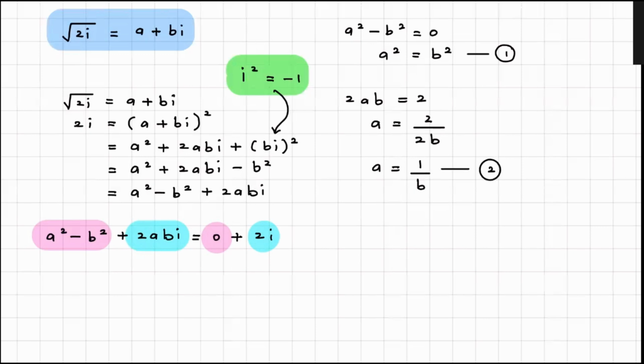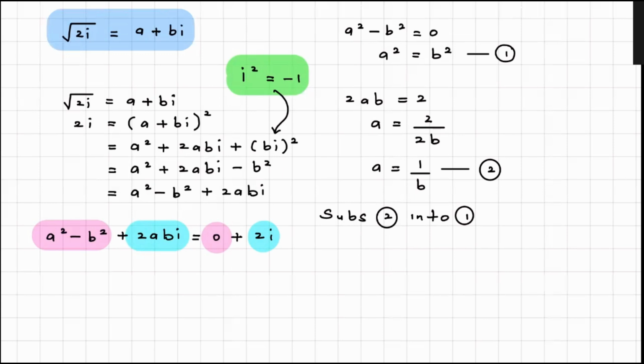Got it? Okay, so we already have equation 1 and equation 2. I'm going to do a simultaneous equation. Two into 1. I'm going to get this one, your a is equals to 1 over b, right?